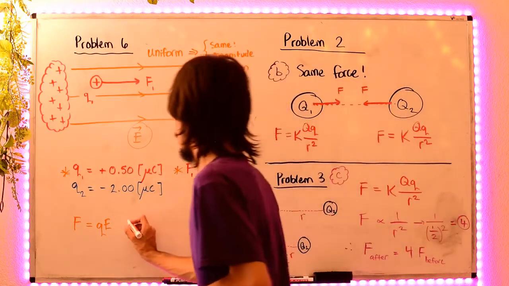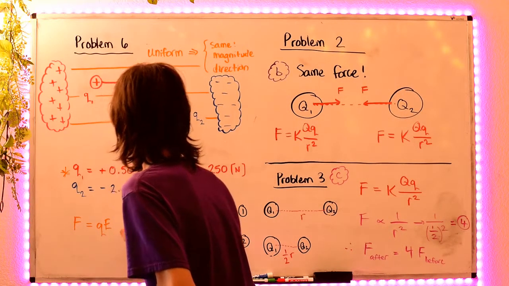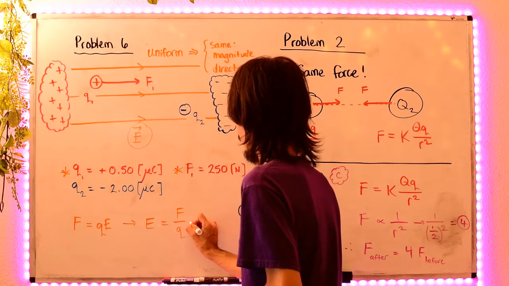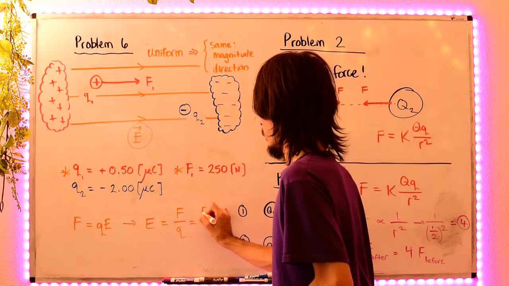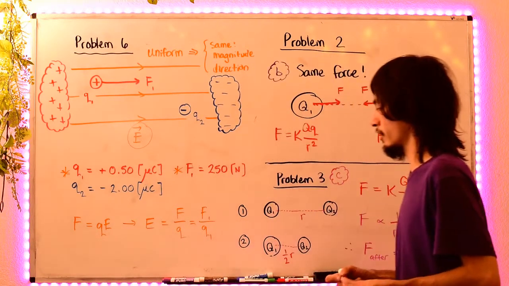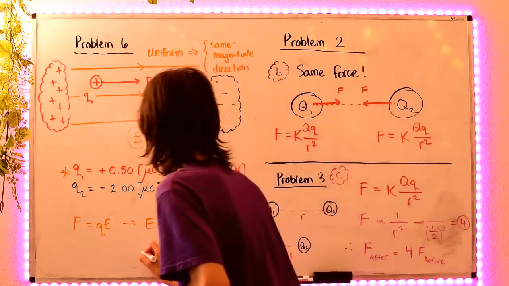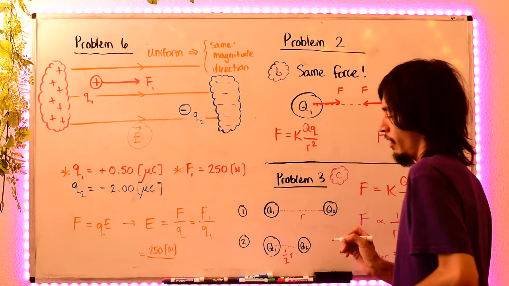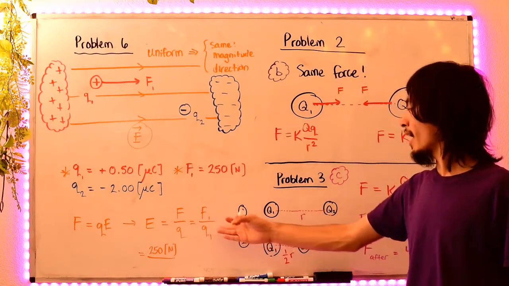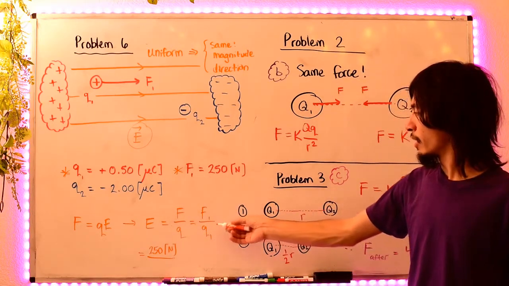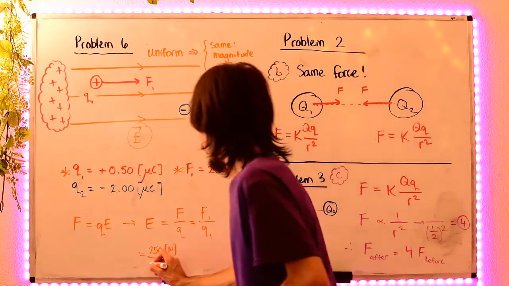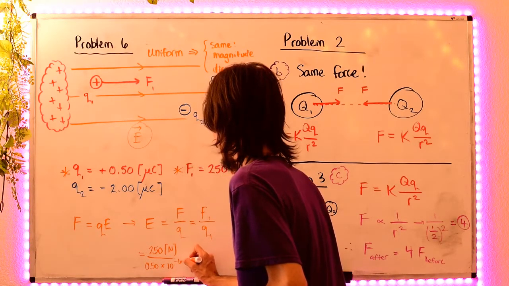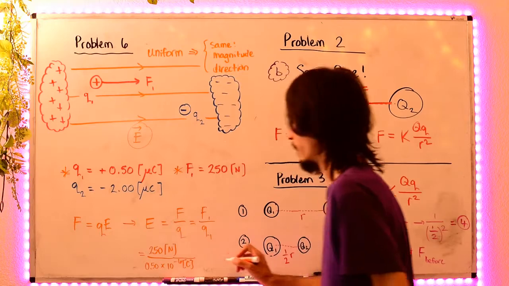In our case, when we solve for E, we would have the force divided by the charge, in which we would use F1 and Q1. Force 1 is 250 newtons, and Q1 would have a magnitude, since we're again just caring about magnitude, of 0.50 times 10 to the minus 6th coulombs, because it's micro.